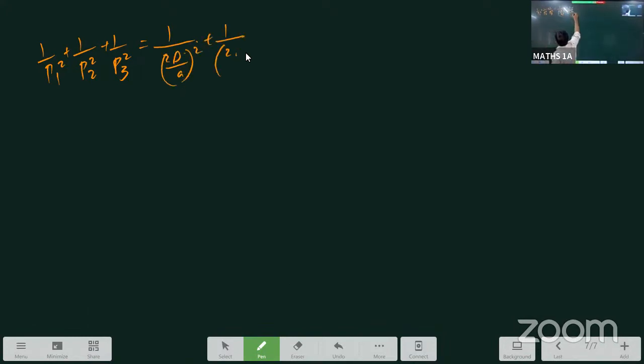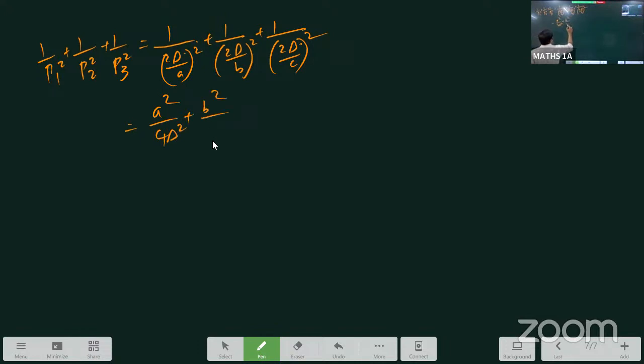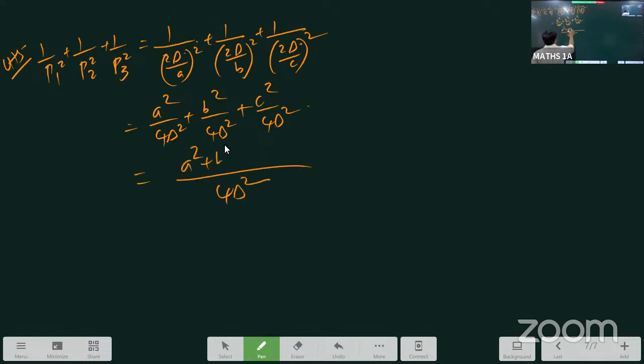Similarly 1 by 2 delta by B whole square, and 1 by 2 delta by C whole square. Which is nothing but a square by 4 delta square, b square by 4 delta square, c square by 4 delta square. This is your LHS I am talking about, right? Take 4 delta square common, that is a square plus b square plus c square.